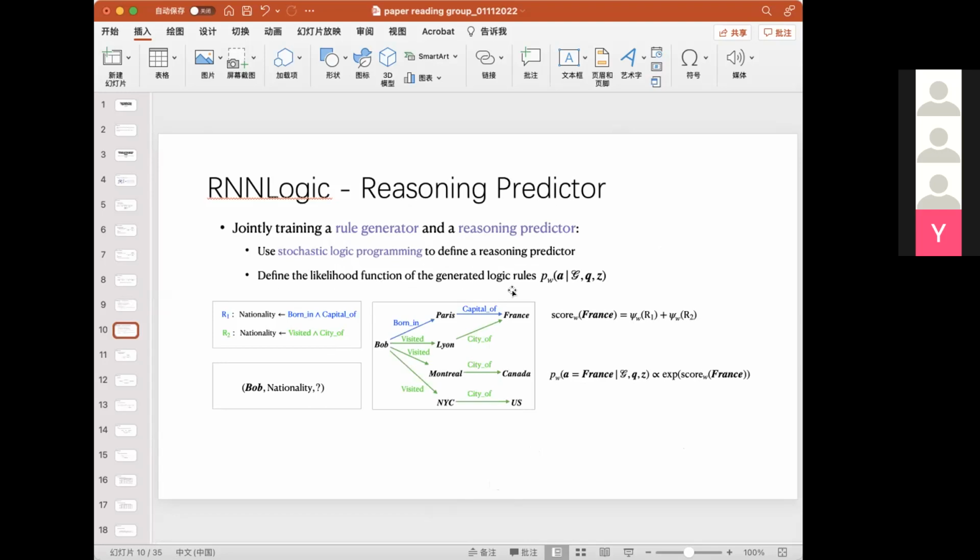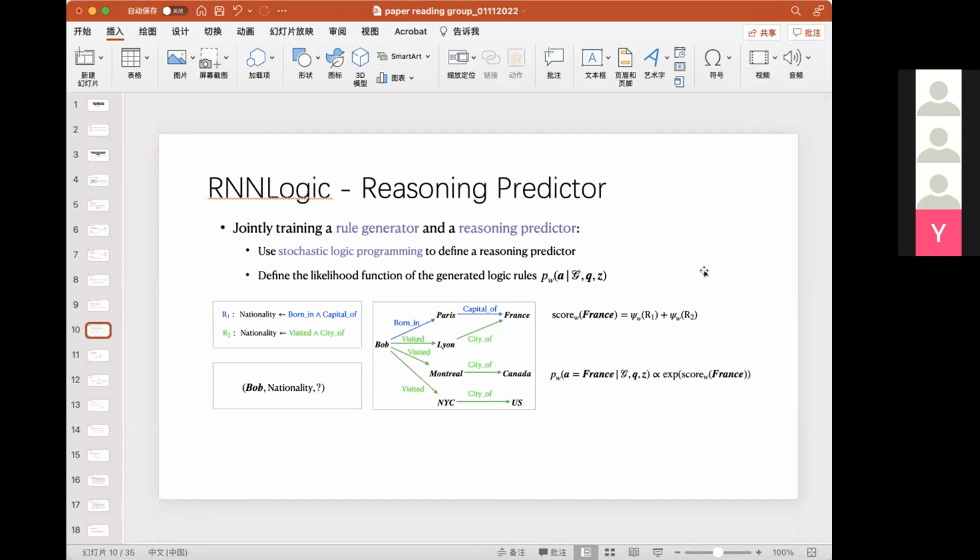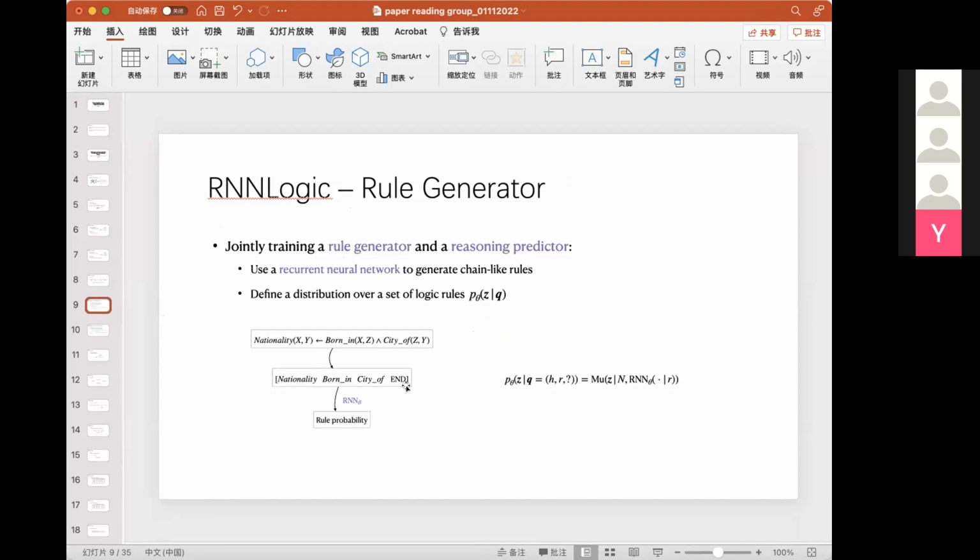Yeah. For the score function, that W is the vector. So is it like a weighted combination of different rules involved? Yes. So the idea here is that this W is just trying to... so for example, we just forget about the rule generator part.